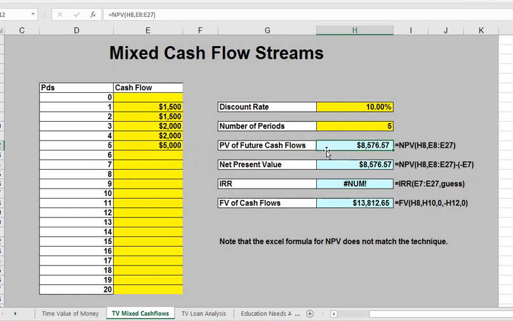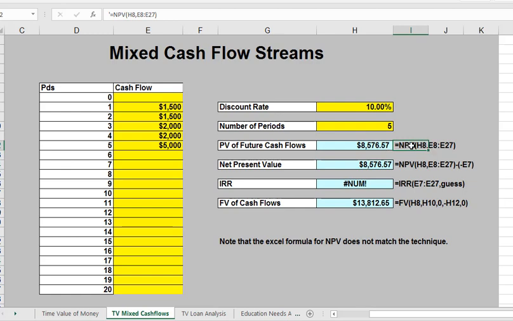This takes each one of these cash flows, calculates its time value where time equals 0, much like we talked about in the present value worksheet video, and then adds them all up. So the sum of all of these cash flows in present value terms is $8,576.57.